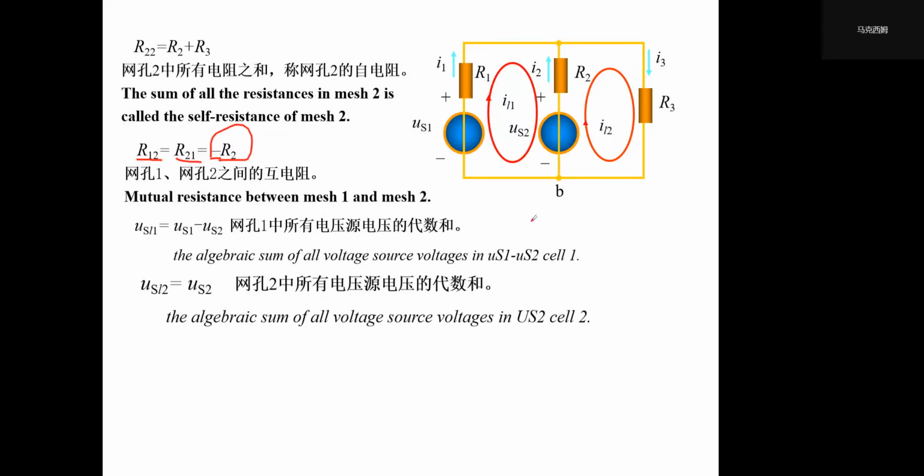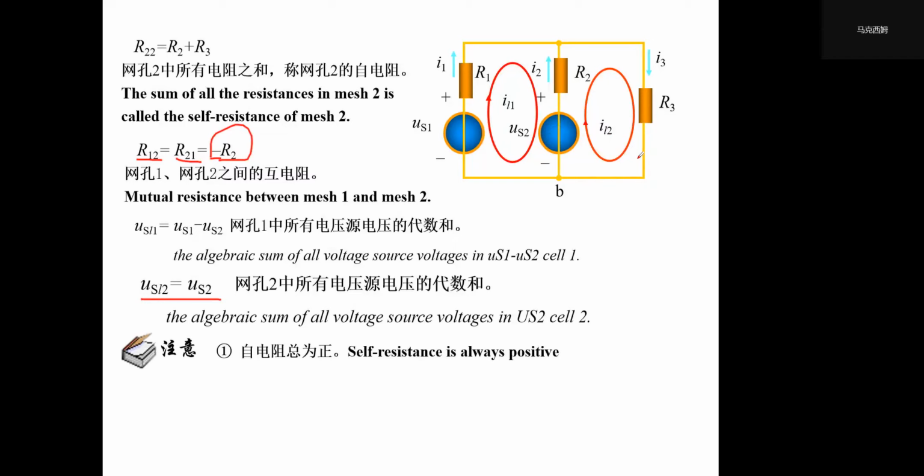And since there's only one source in mesh 2, USL2 is the voltage source in mesh 2.